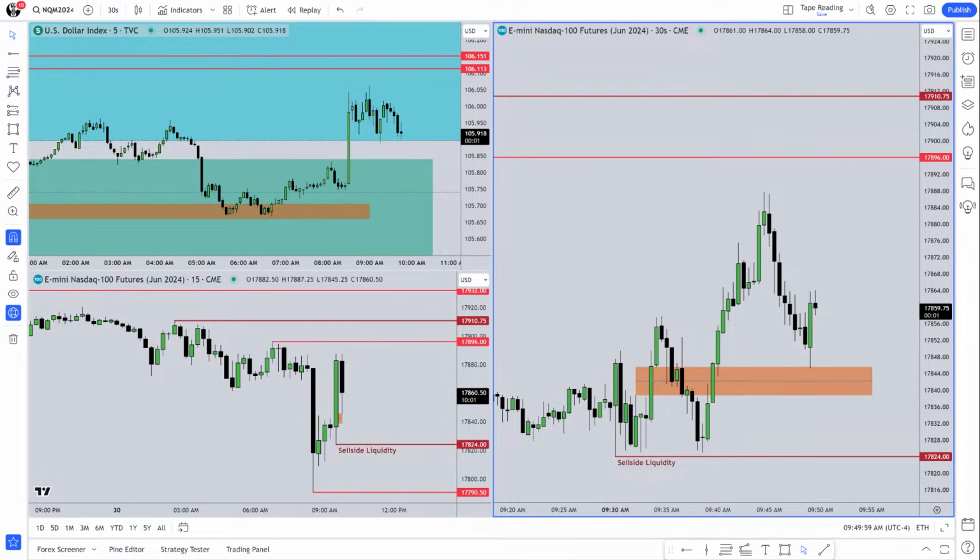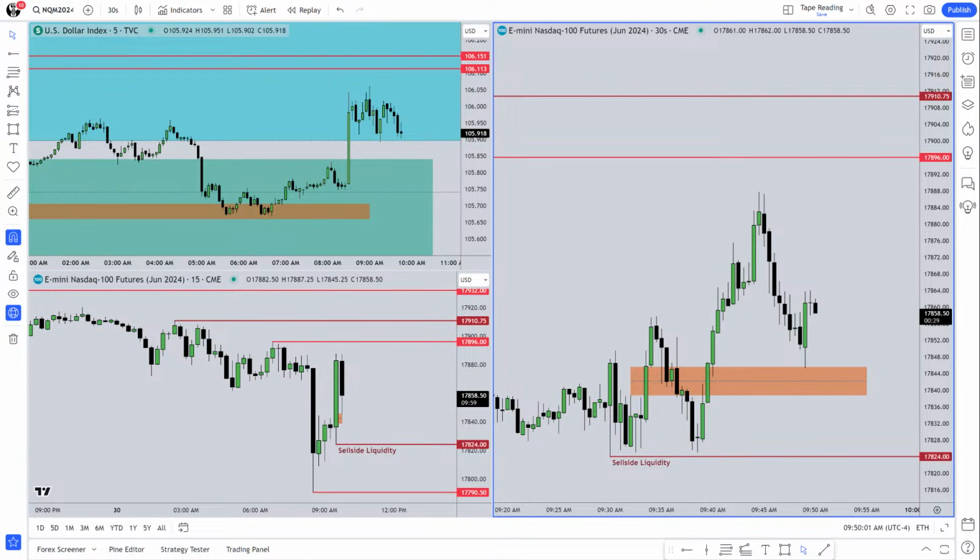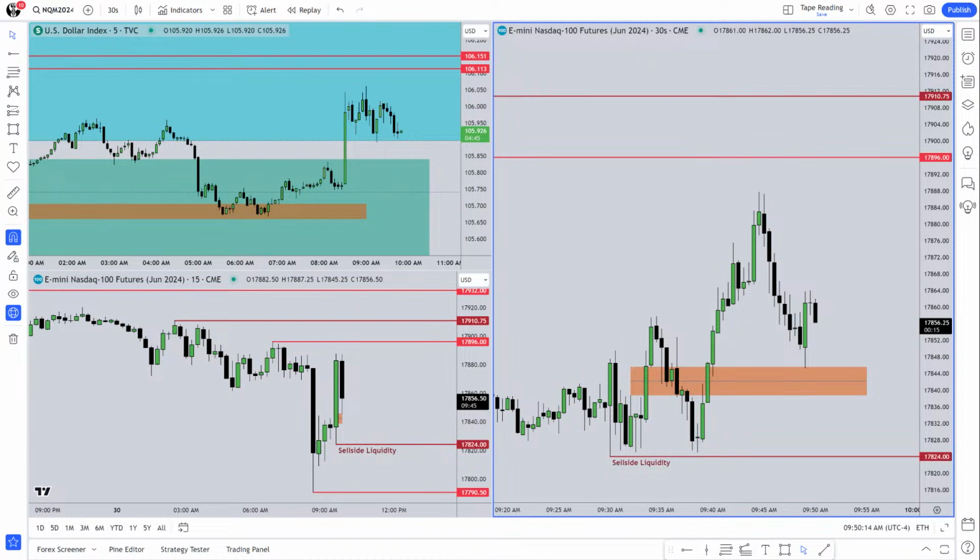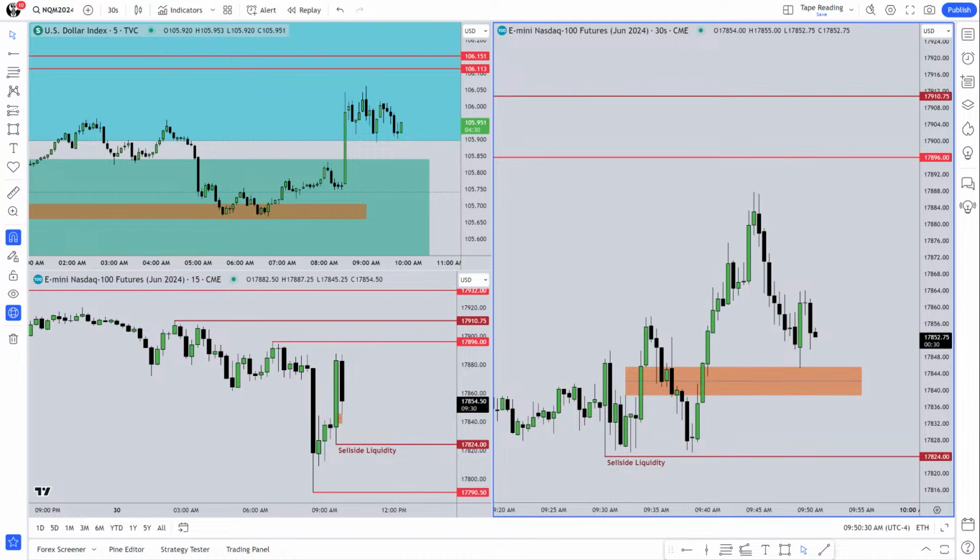Dollar's a little too limp in here. About 9 minutes, opening range will be done. Then we enter silver bullet 10 to 11.